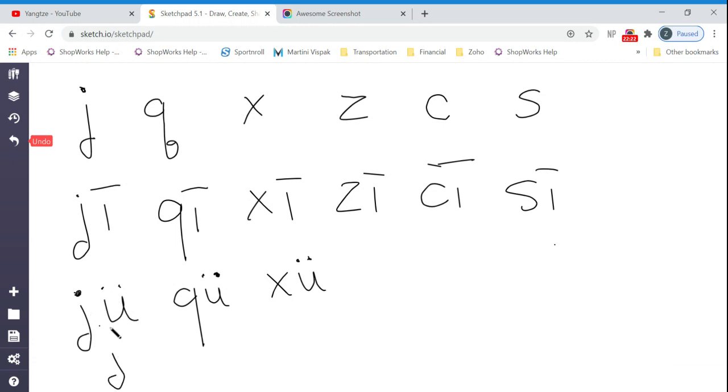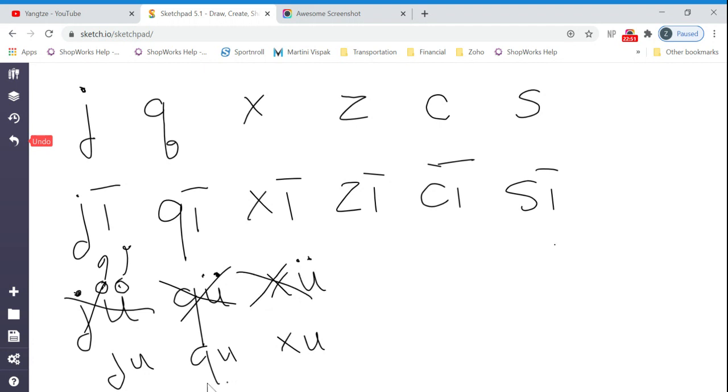When it's like this, you actually do not write those dots. You just write like this, but they keep the pronunciation as yu, not u. So you don't write them with the two dots, but they're still pronounced as yu. So that's a special rule for those three initials.